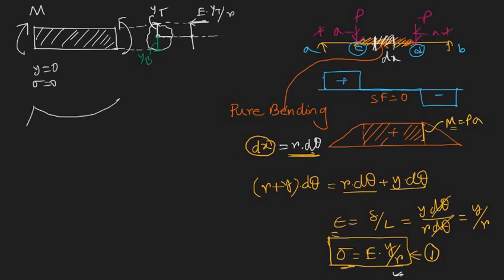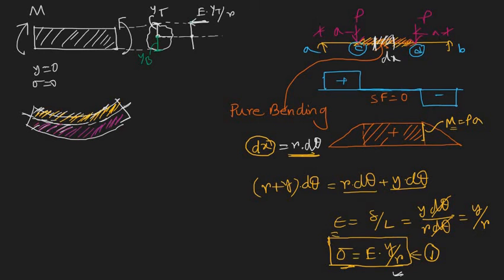So all the fibers on the concave side are in compression, and all the fibers at the bottom of the neutral axis are in tension. I am marking all the fibers in tension in red color and all the fibers in compression in yellow color.